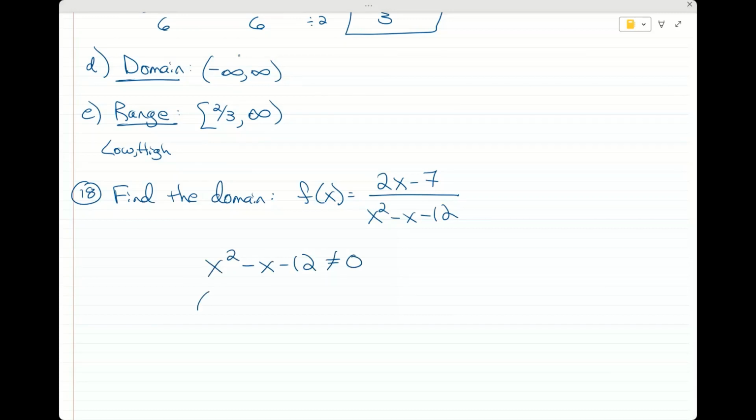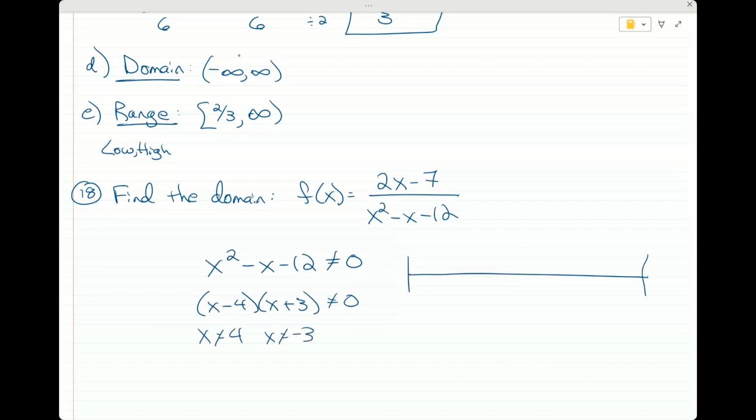So if you factor this, this is just x minus 4 times x plus 3, giving us 4 and -3. And remember, those are the values that x can't be, because those make the denominator 0.